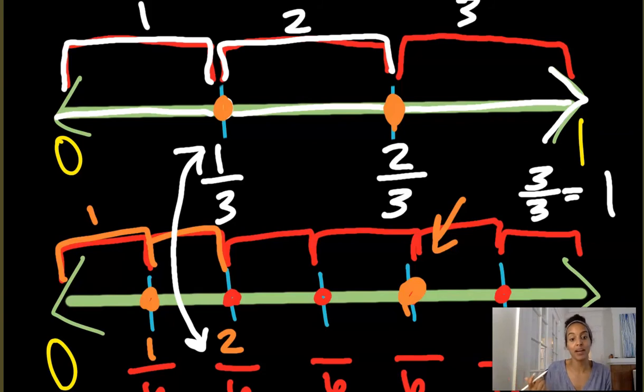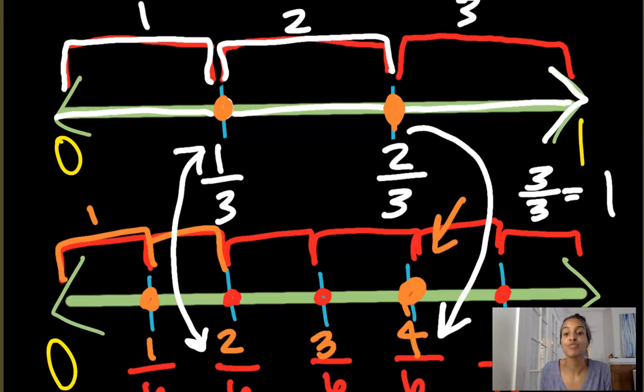So even though that wasn't my answer, 1/3 is equal to 2/6. Then we have 3/6 next on the number line, 4/6, 5/6. So I know that the equivalent fraction to 2/3 is 4/6, because they line up on the number line.